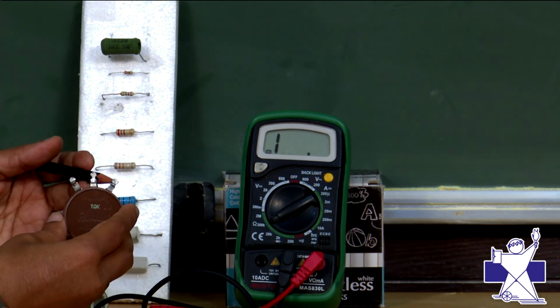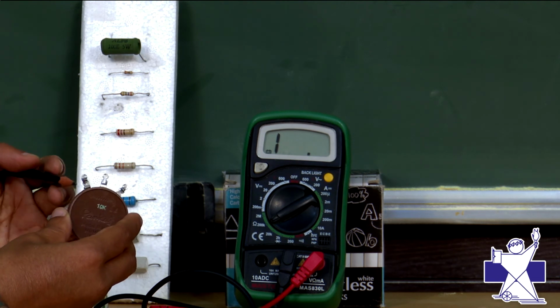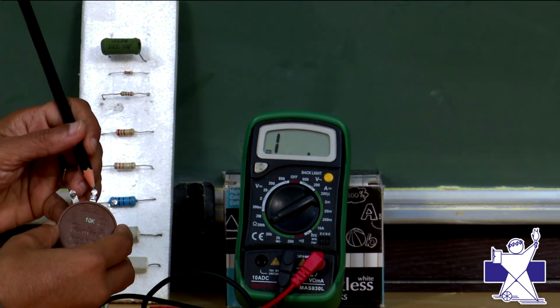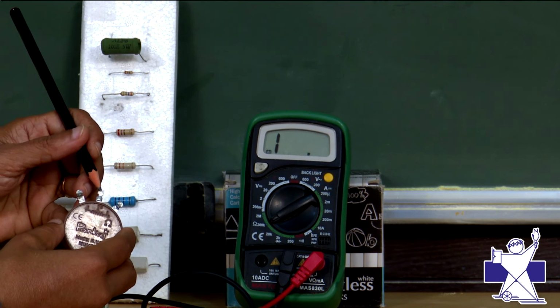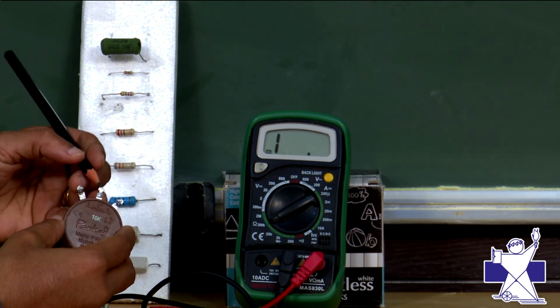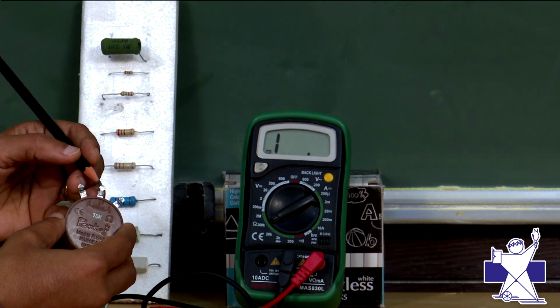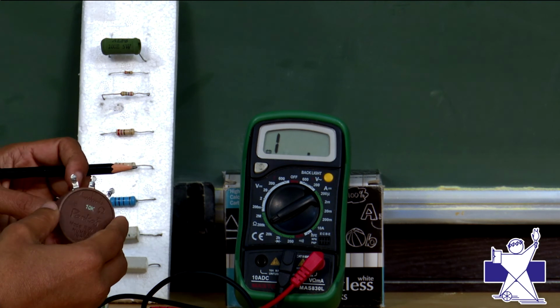The first and the third one you connect to the fixed value. This you have to connect to the fixed wire. And this is the variable resistance. When you want to change the resistance, you connect that point to this terminal. So you have three terminals over here.